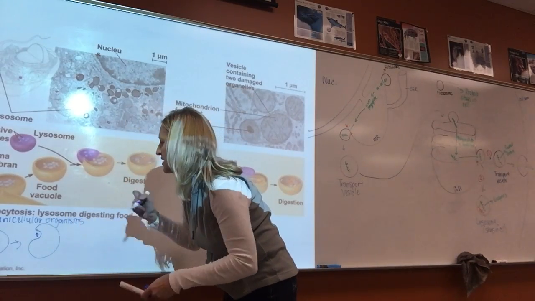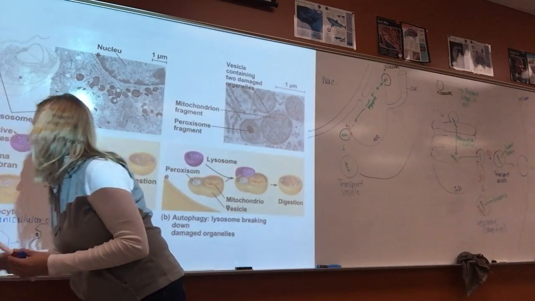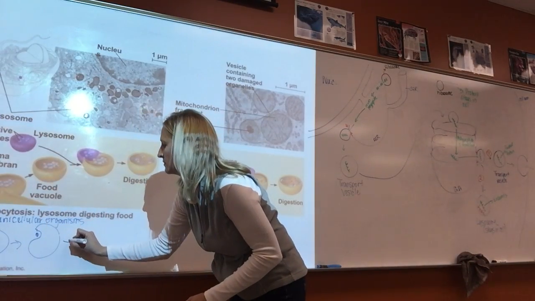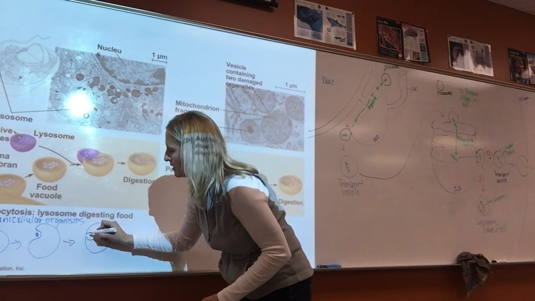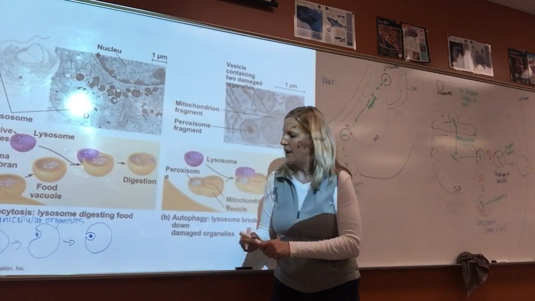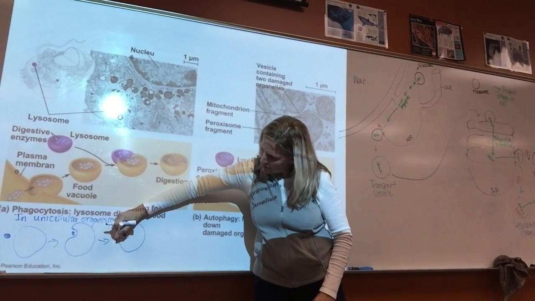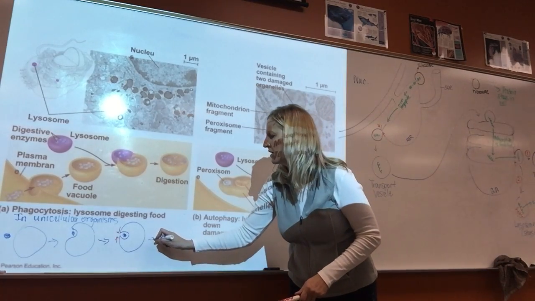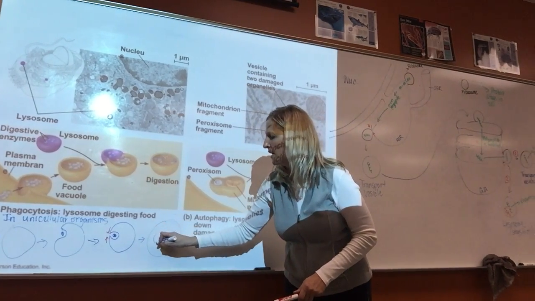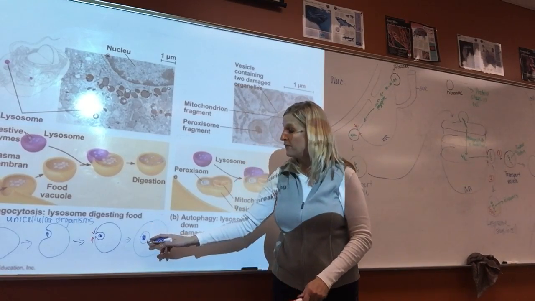and eventually, well, I guess I'll just draw another picture here. Eventually, it's going to look like this, with the food inside of it. And this is going to continue, I'm going to put in red, that this is going to continue to pinch off until eventually you get what's called a food vacuole.